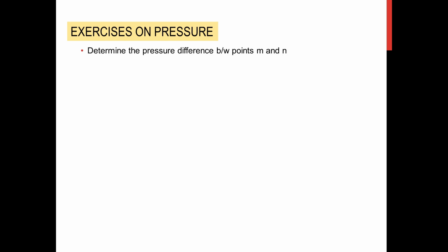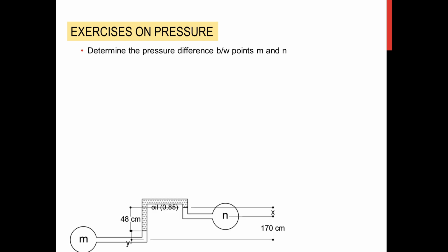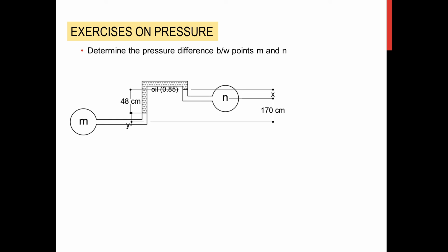Moving on to another problem. Determine the pressure difference between points M and N. So in this case, this is a manometer wherein there will be no open end for the manometer.